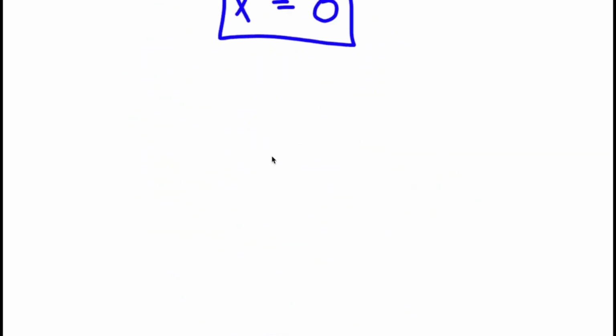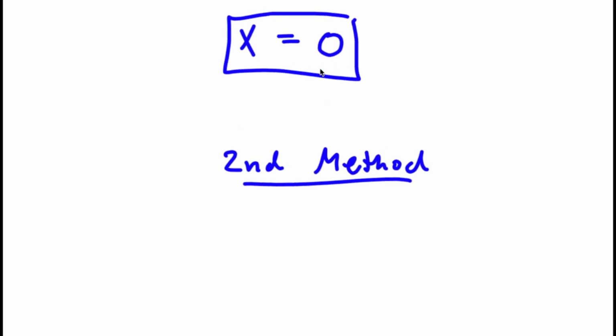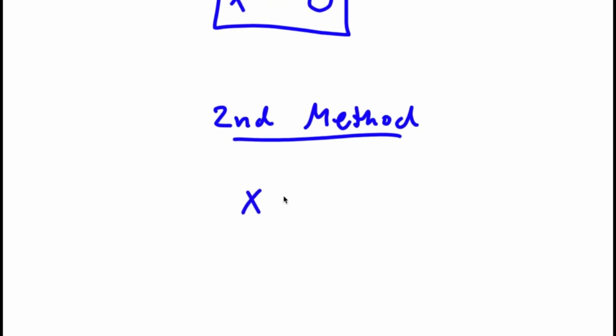Now I actually have a second method of solving this problem. So again, I first start off with x is equal to x over 2. And now this time, instead of subtracting x over 2 on both sides, I'm actually going to multiply 2 on both sides. So I have 2 times x is equal to x over 2 times 2.